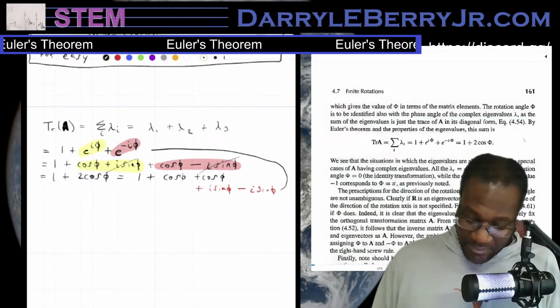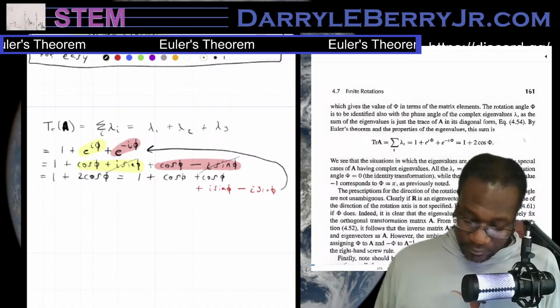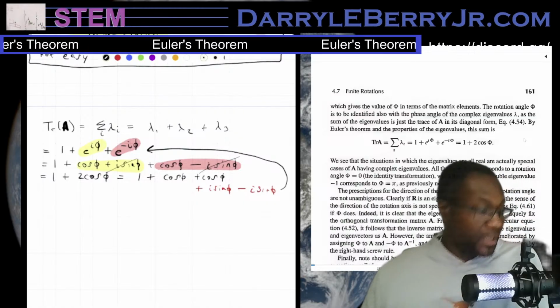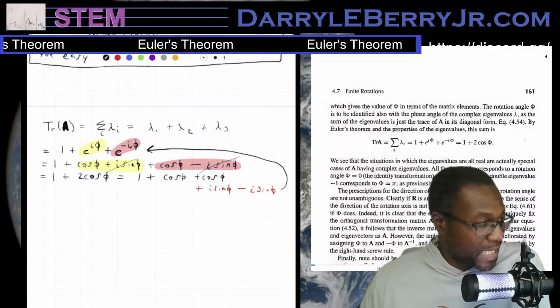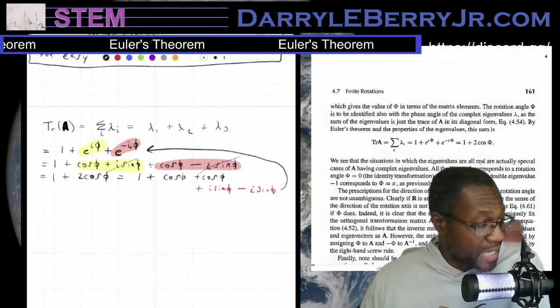And then you can revert that back to this form. So I could see that it equals that, but I'm not sure exactly why they're doing that. We see that the situations in which the eigenvalues are all real are actually special cases of A having complex eigenvalues.